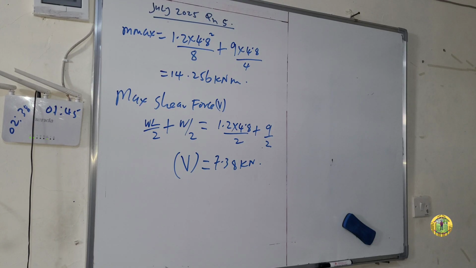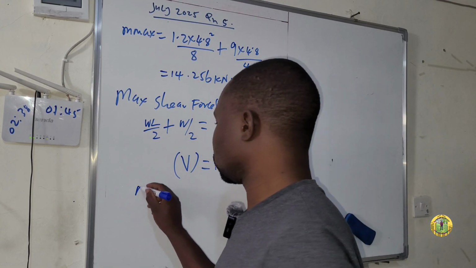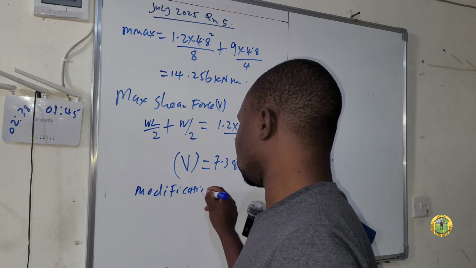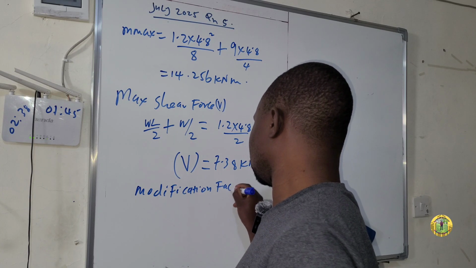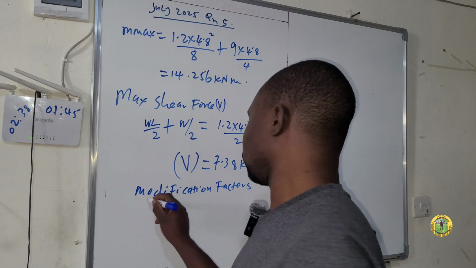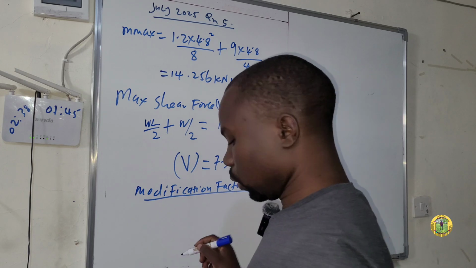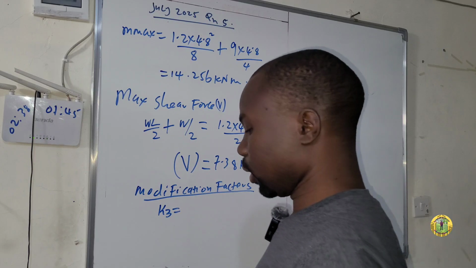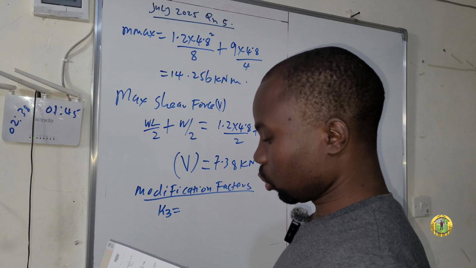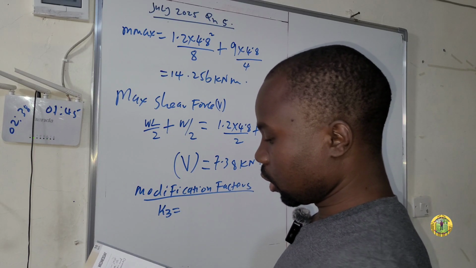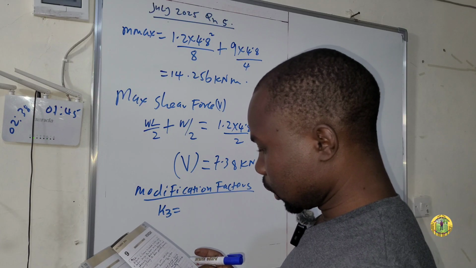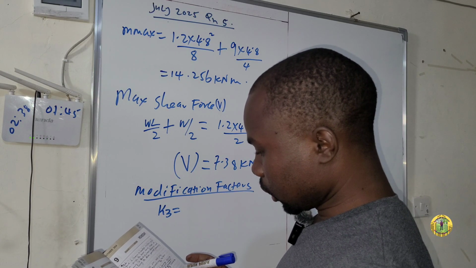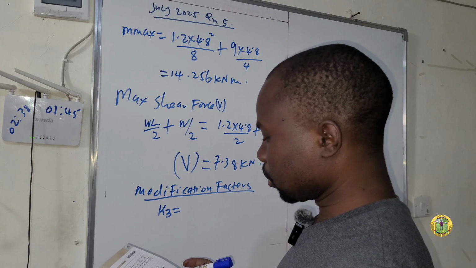So let's now proceed to modification factors. We'll start with K3. You were told in the question that the loading is medium term.